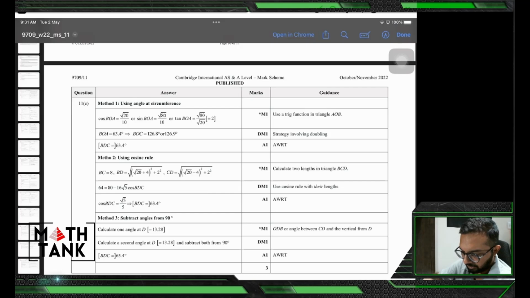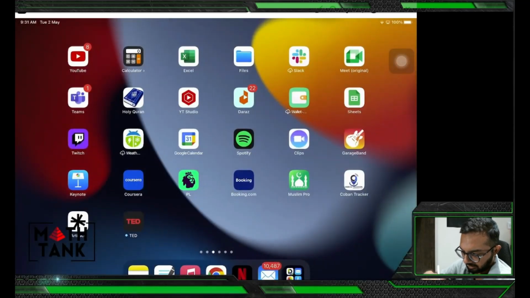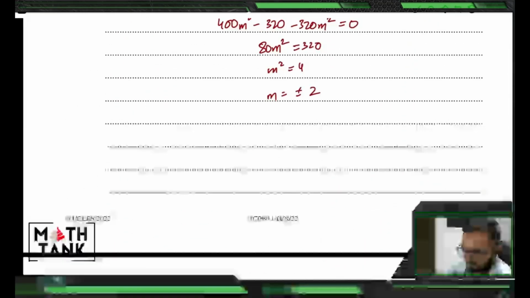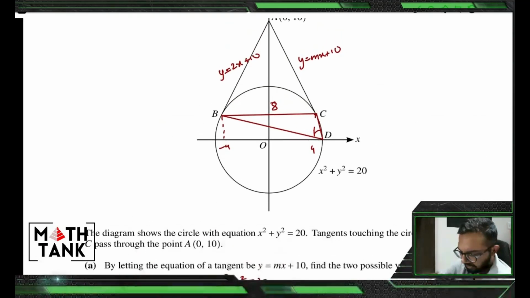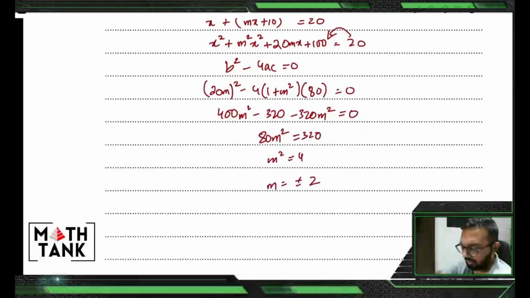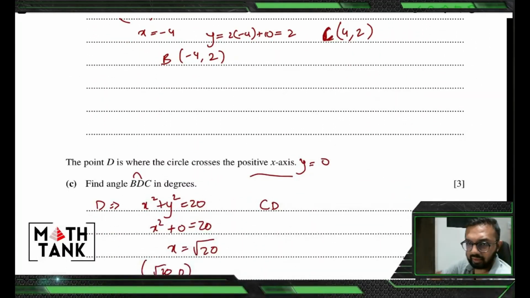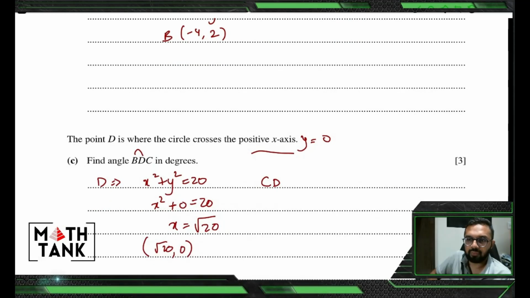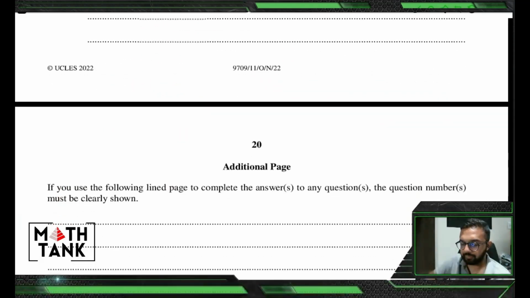It uses properties of the circle, but I don't think I'm comfortable doing that. It will essentially be a lot of working the same way. So using the cosine rule, you find CD, you find BD, and then you use the cosine rule on it, something that you've done in O levels, and that should give you the answer.